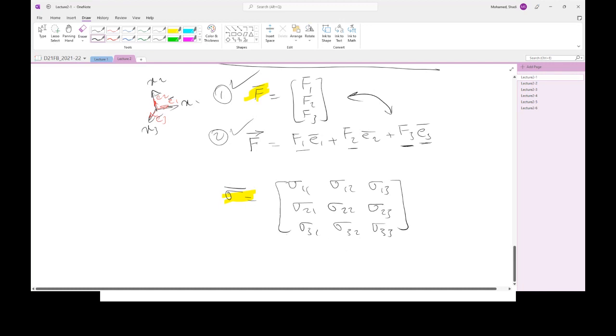And you can also write it in this format. Writing it in this format is slightly lengthy, but I'm just going to show it to you just once.